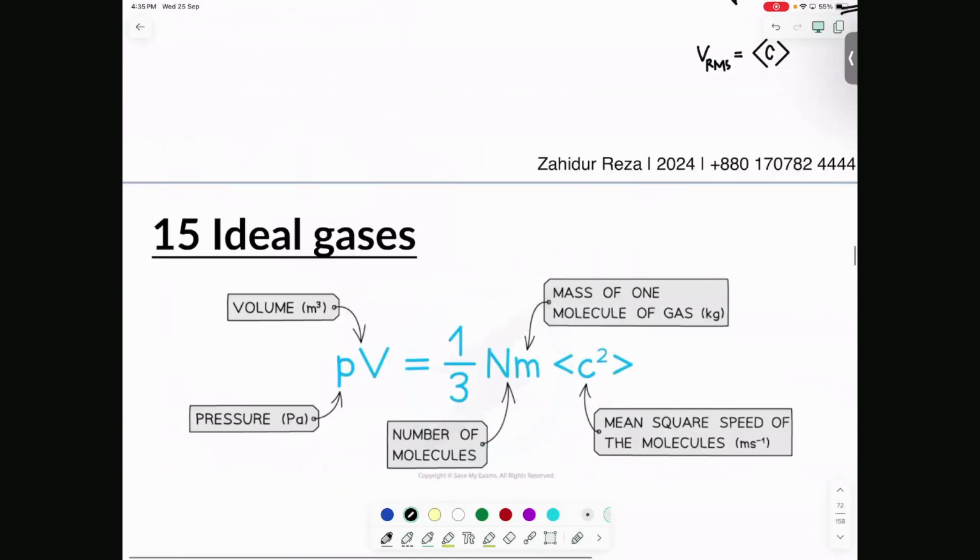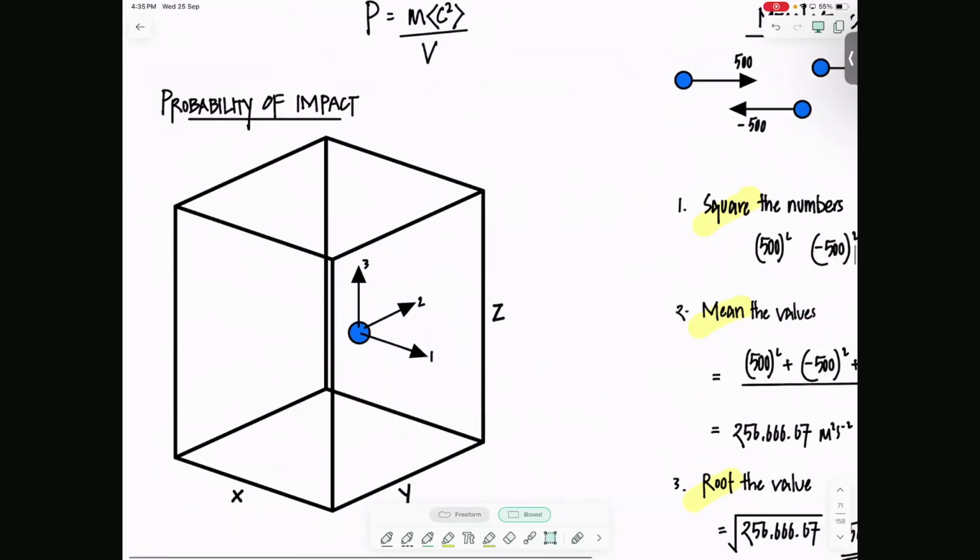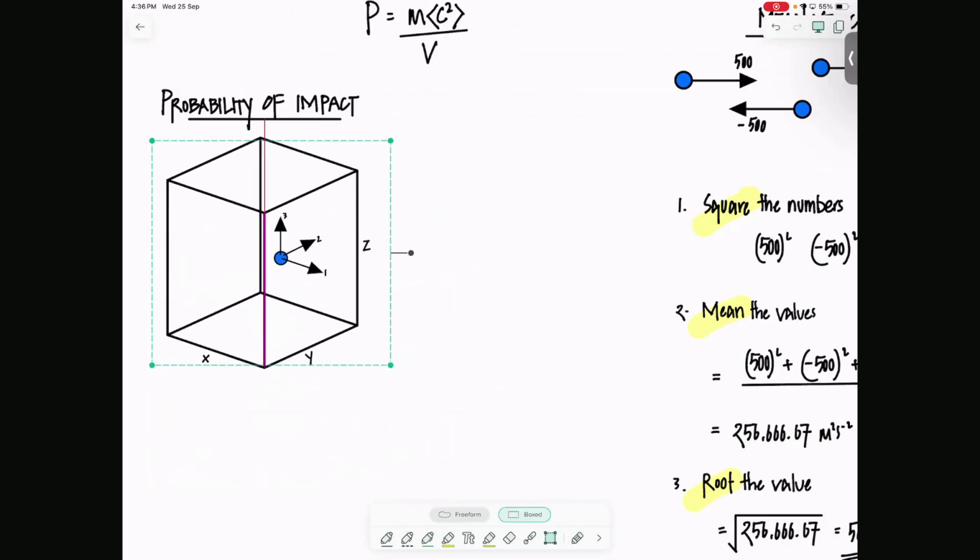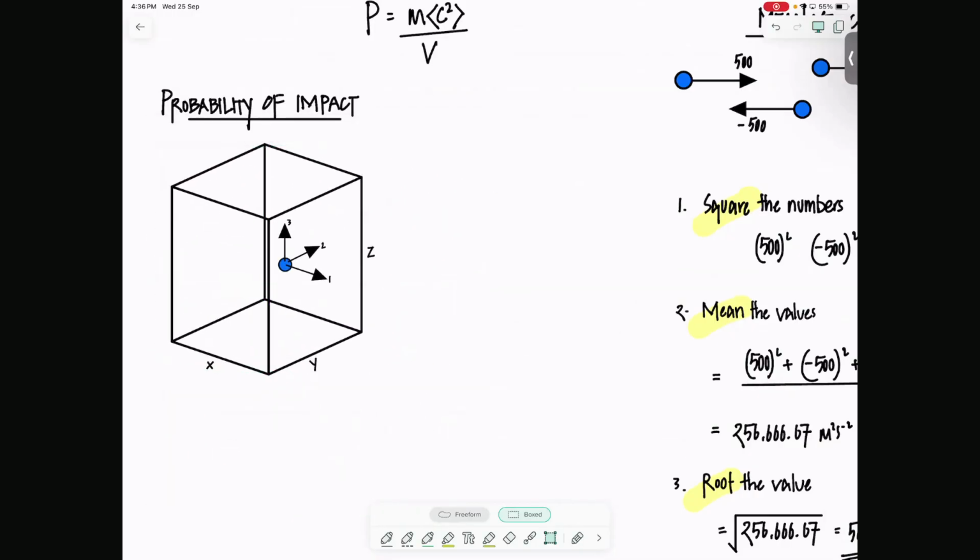1/3. So therefore, what we're going to do right now is write a description, this is not any math. So 2/6, there are 6 faces, and your particle is going back and forth, right? How many faces of the 6 faces can it collide with? 2. So the chance is 1/3.